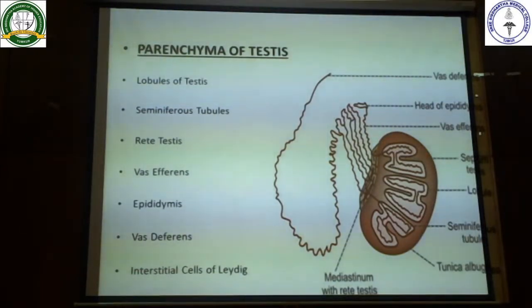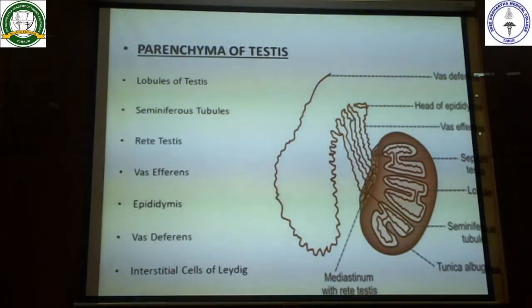We just discussed the epididymis. It has 3 portions: head, body and tail. The tail portion further goes to the next part, the vas deferens. And then you have the interstitial cells of Leydig in the testis.